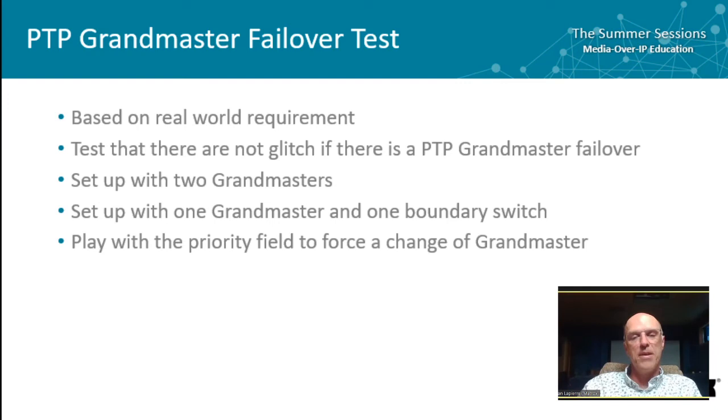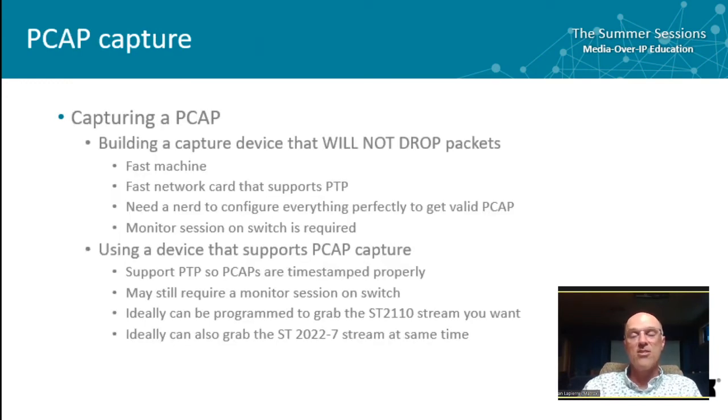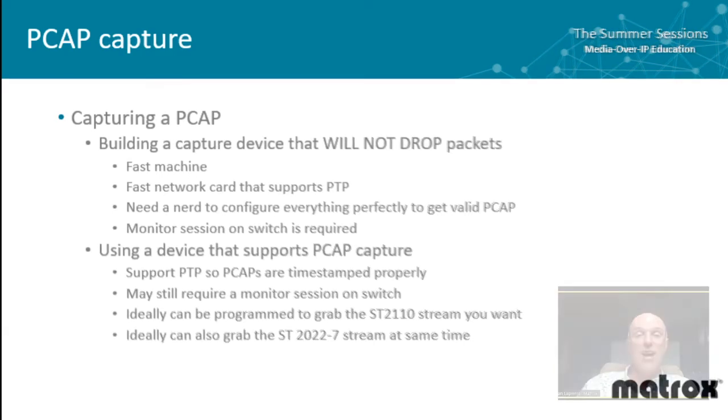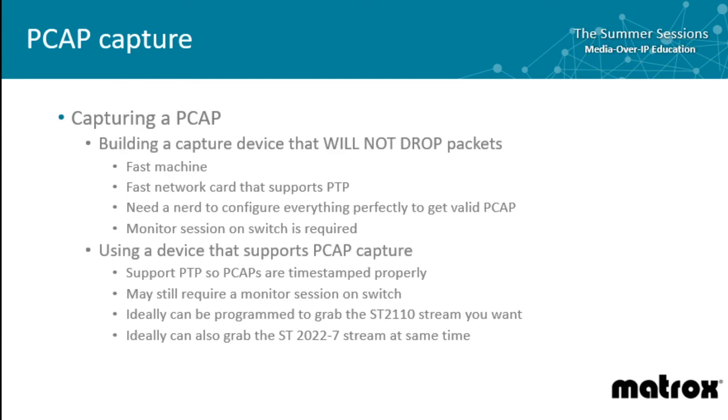This does not generate a glitch on the network, and devices should survive that without glitching. By the way, in PTP language, 1 is a higher priority than 128. So we set the priority to 1, it takes over, it's the highest priority possible. Then when we're done, we put it back to what it was and it goes back, and it shouldn't glitch either way. That's how you do that test.